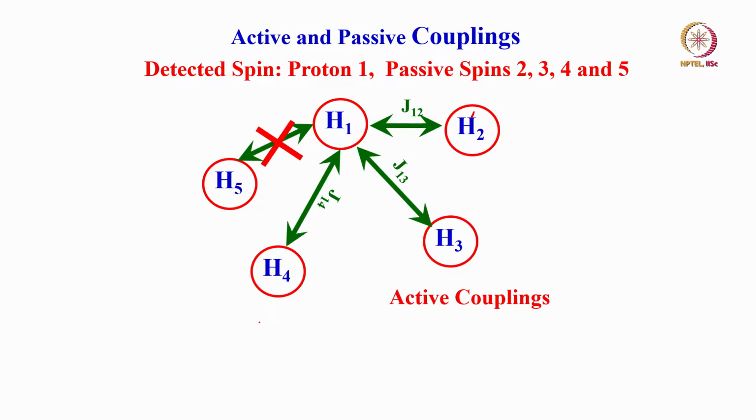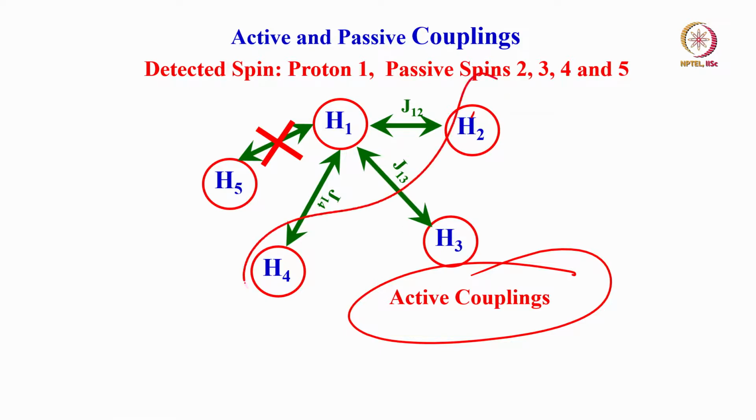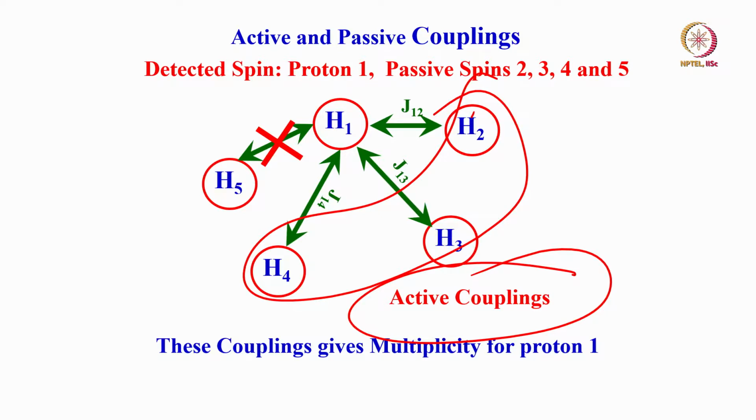The coupling could be 0, it does not matter. But all these are called active couplings, because you are looking at the active spin which is coupled to passive spins. Active spin coupled to passive spins are called active couplings.